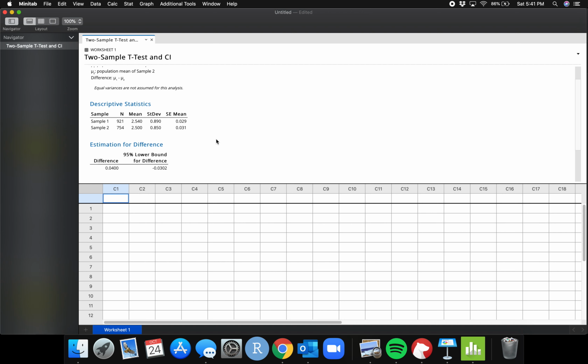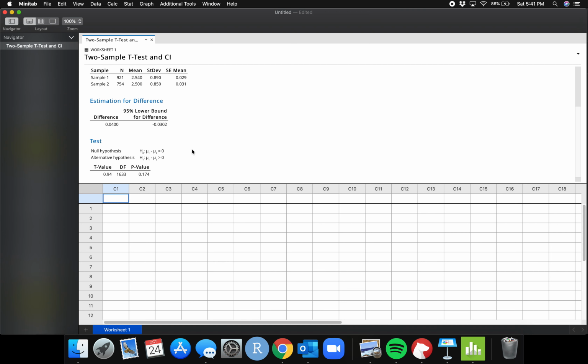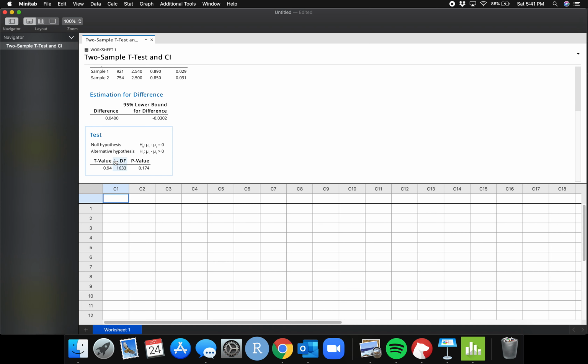Down here, this is a confidence interval, but we're interested in the test. The test statistic is 0.94, so you can just write t equals 0.94. The p-value is 0.174.